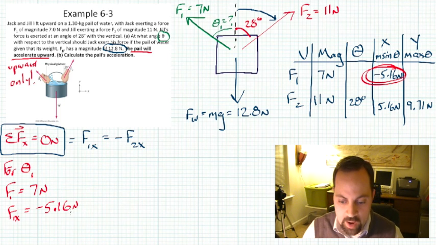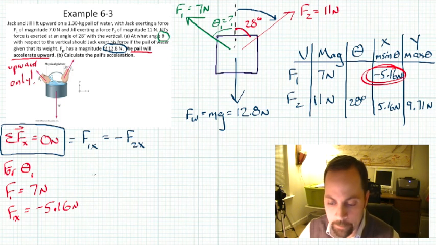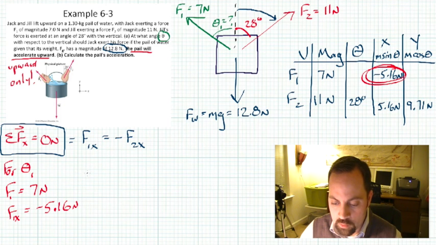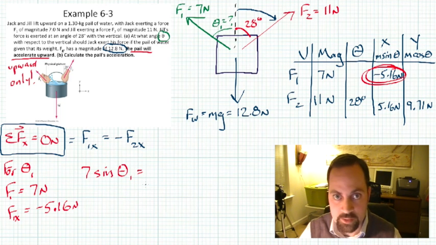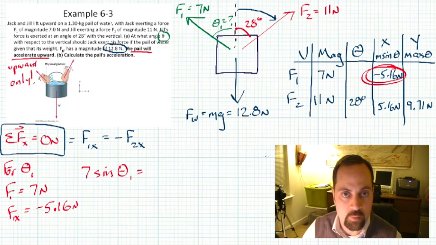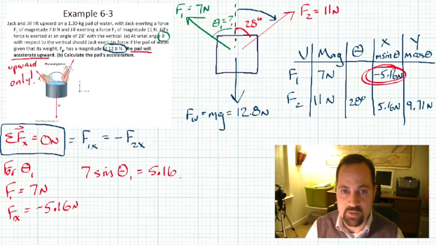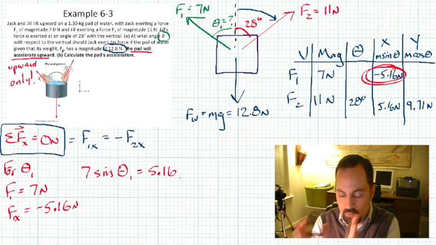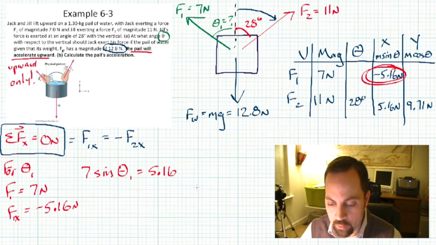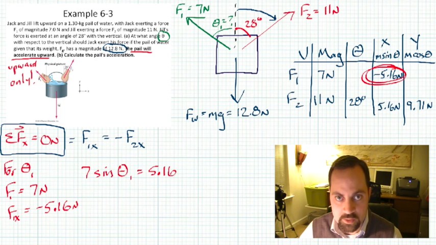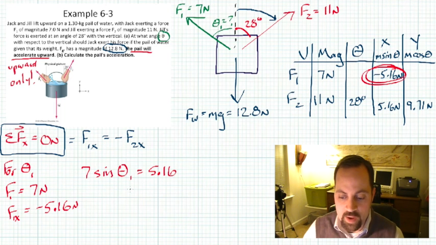We can use those to find what theta is, because after all, the magnitude, 7 newtons, times the sine of theta 1 equals the x component of force 1, 5.16. That negative isn't going to matter because all we're doing is finding the magnitude of that angle right there. So just like we did up here, magnitude times the sine of theta gave us this. So we can use this now to find what theta actually is.